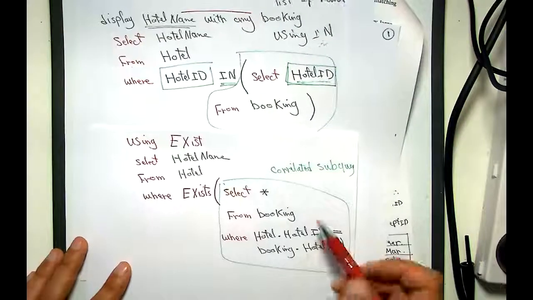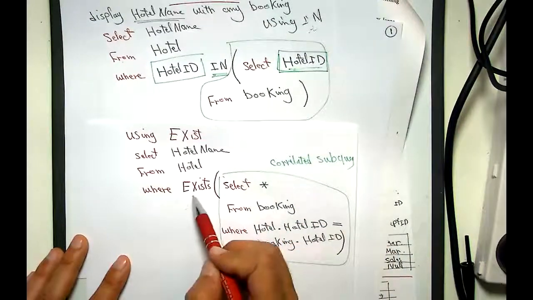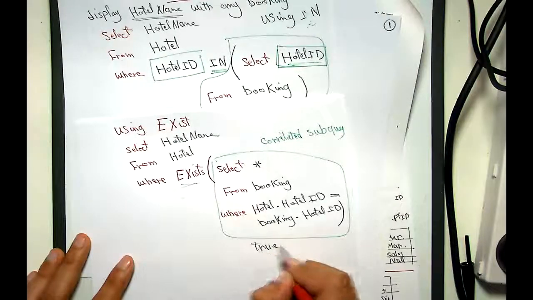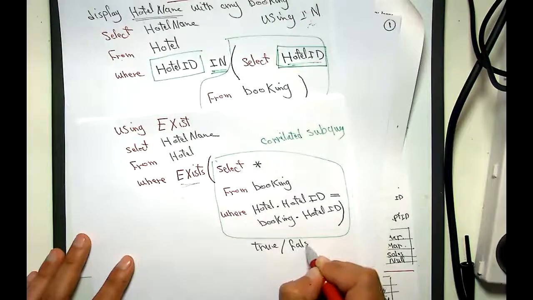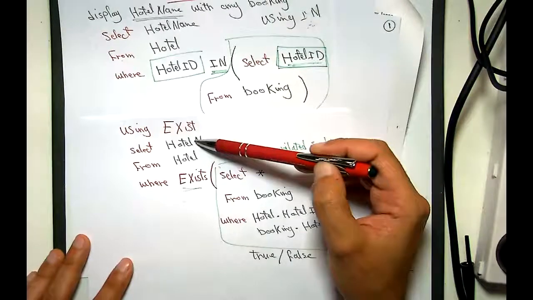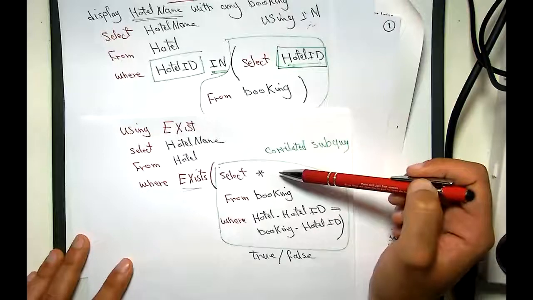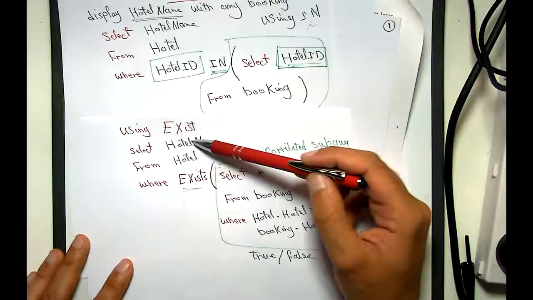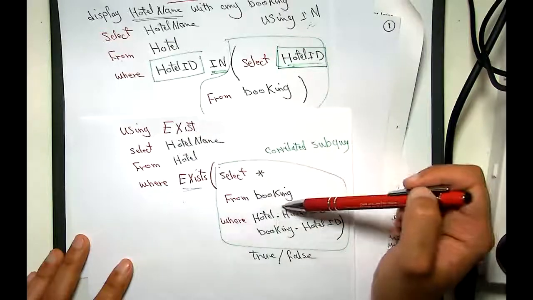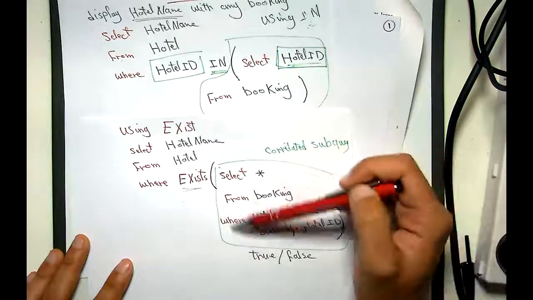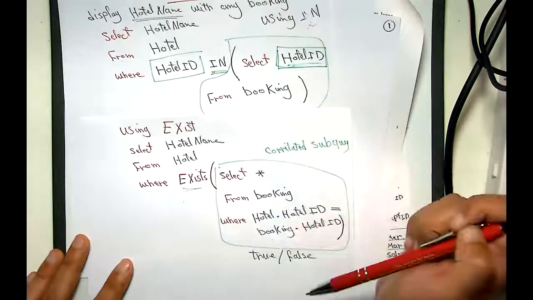What is the return of the subquery using exists? It is only true or false. Okay? It just checks if the hotel exists in the booking. And if it exists, it will return a true, so display its name, or false, don't display its name. So the subquery returns only true or false.